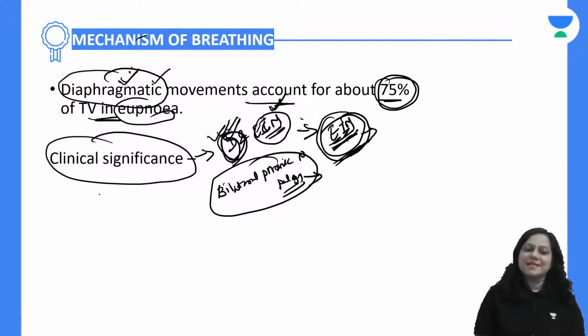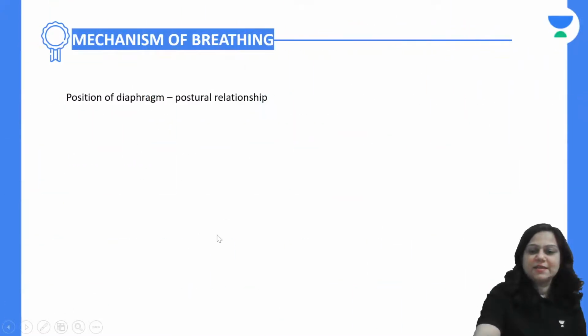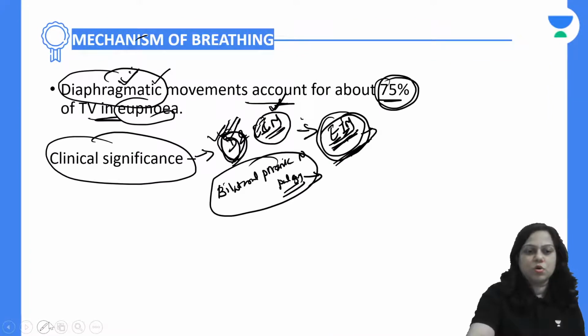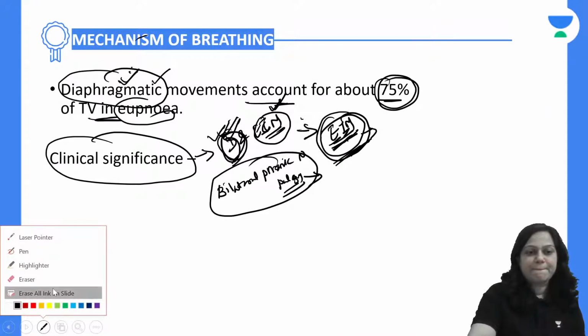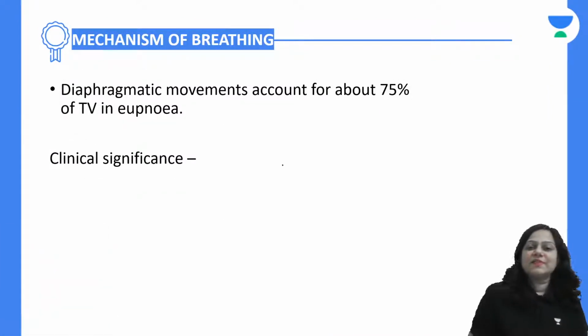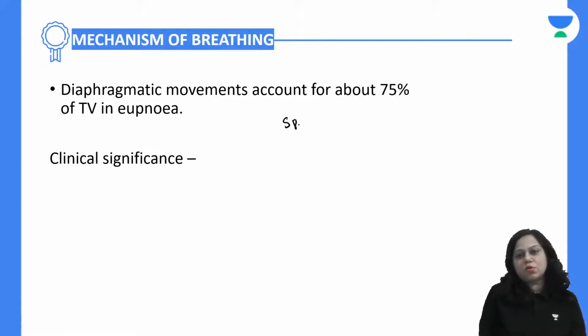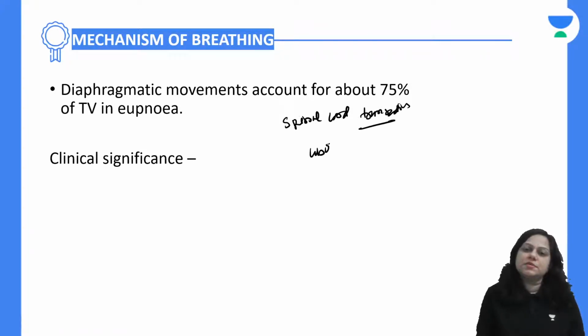If there is a transection of the spinal cord above the third cervical segment, then it is fatal.